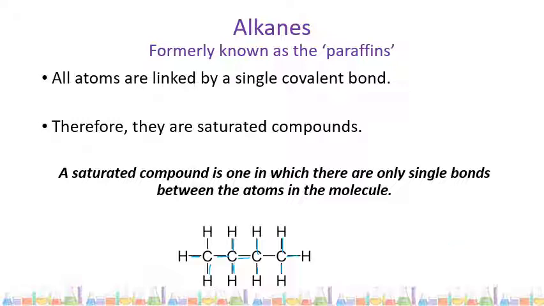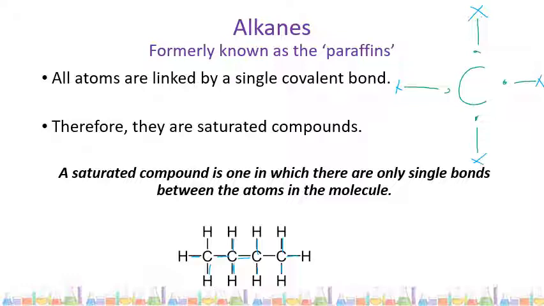To understand that, let's just quickly look at carbon. It's in group 4, so it has 4 electrons in its outer shell, like we can see here. That means the maximum number of bonds that carbon can make is 4; it can't make any more than that. It can use each one of those electrons in a covalent bond and share it with an electron from another atom.